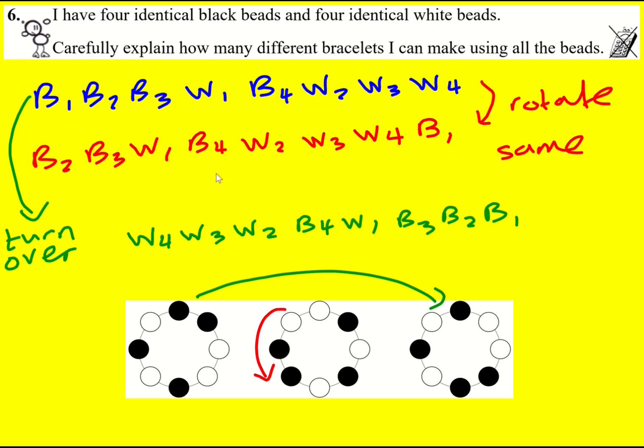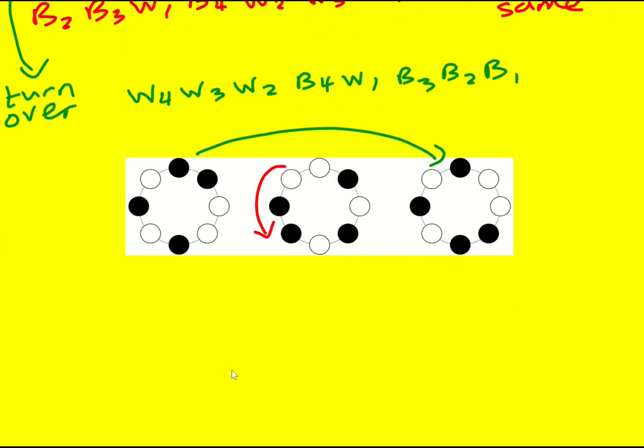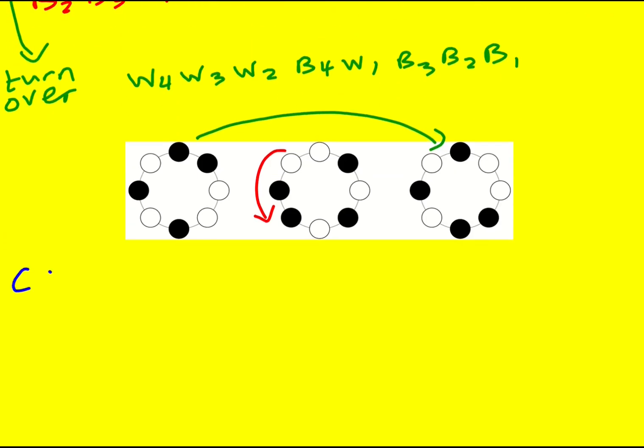So having explained that, let's systematically work out all the different bracelets and hence how many there are. I'm going to consider different numbers of black beads next to each other.